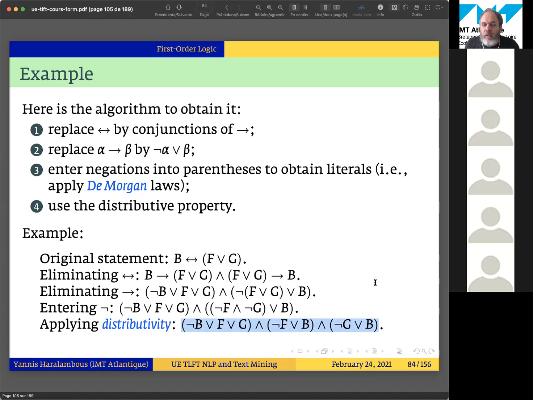But for a machine, it's just a conjunction, 3 things. For this formula to be true, all 3 have to be true. And each one can be checked separately. And if one of these 3 can be proven to be false, then the whole formula is false. And hence, it's a contradiction if we prove this in all interpretations. Okay, so you see the interest of doing these 2 steps.